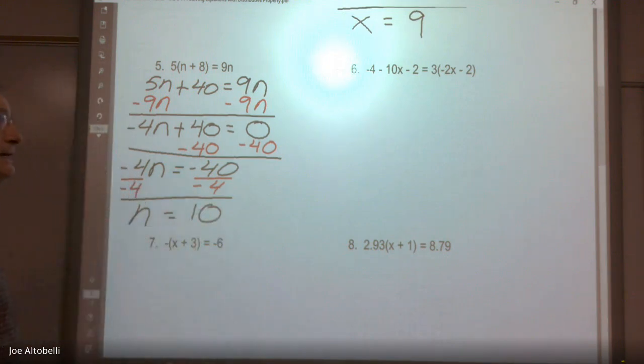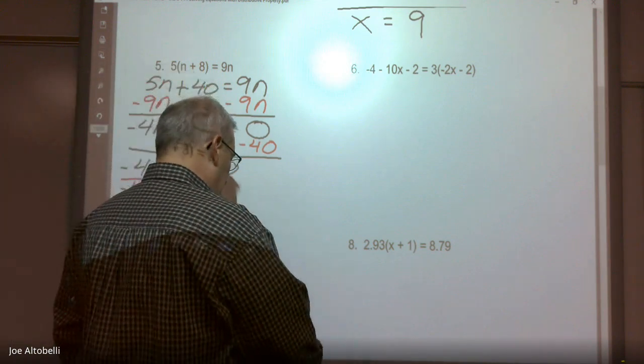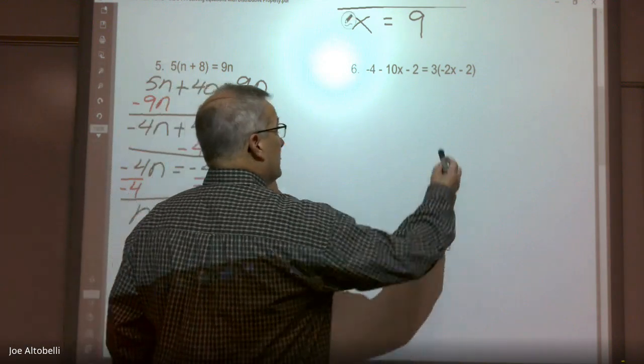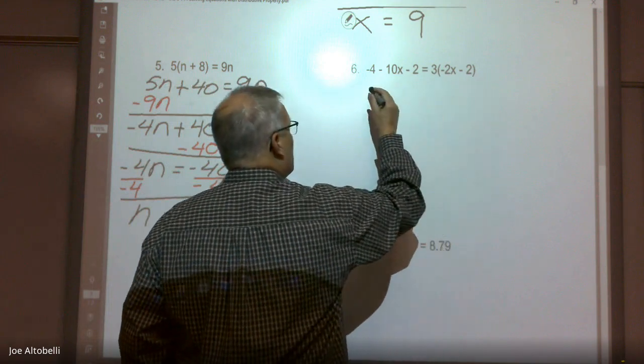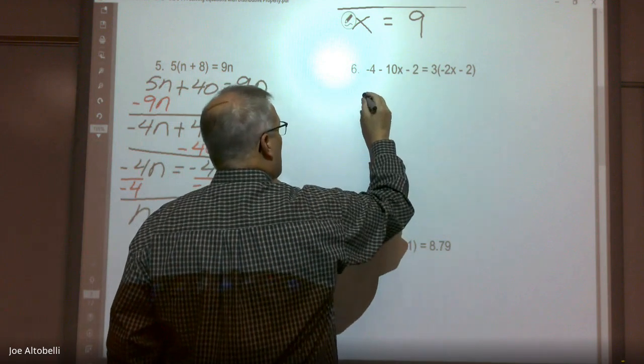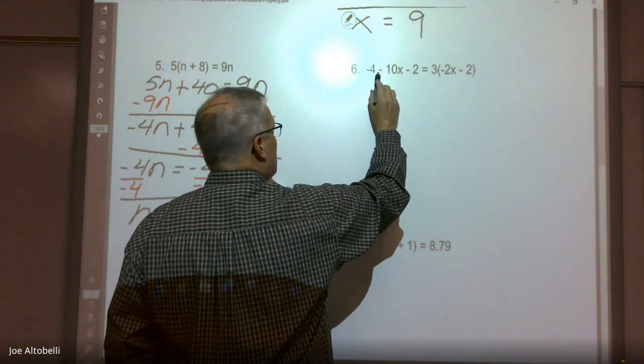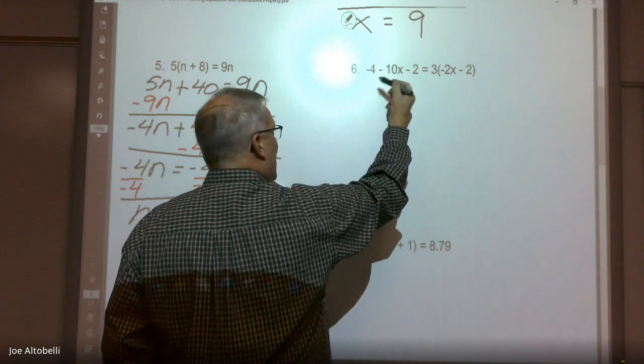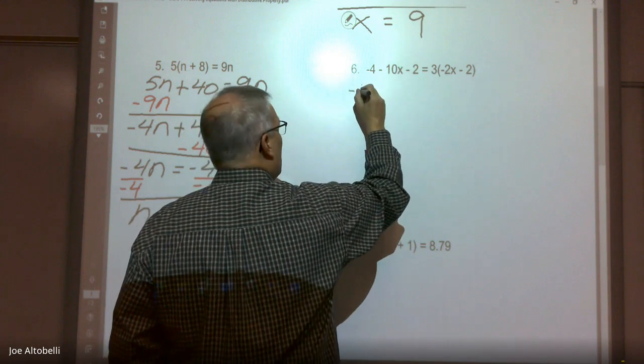All right, number 6 is the same thing. It has a little bit more to it. But I'm going to start with the distributive property. So everything else I'm going to copy down. Now, some of you might recognize you can combine these two terms, and you could do that in this step. I will wait.